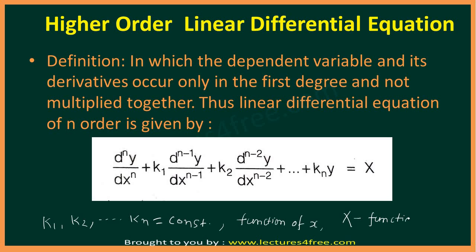So k1, k2, kn are constants or, in some cases, functions of x, and capital X is a function of x only, or in many cases it may be 0 also.